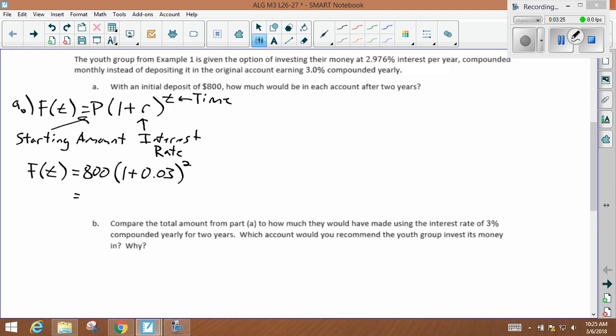You plug that into your calculator, and you get 800 times 1.03 all to the second power.